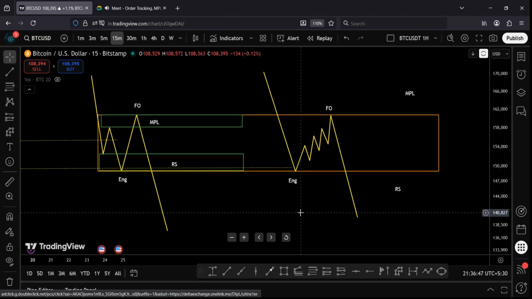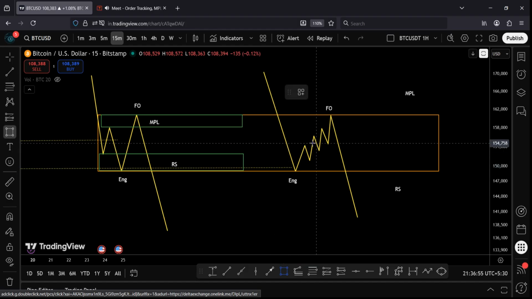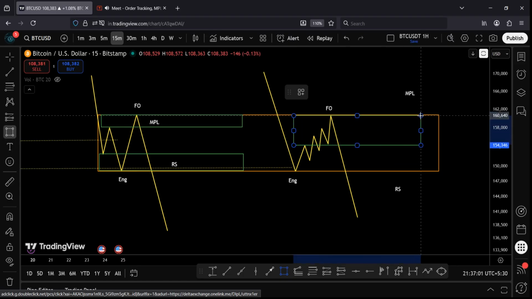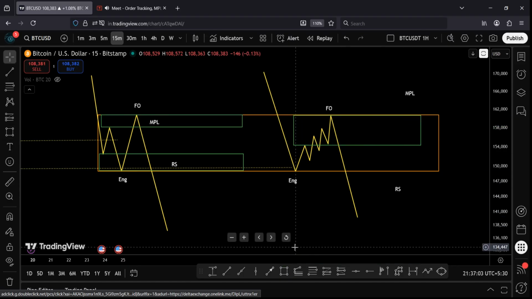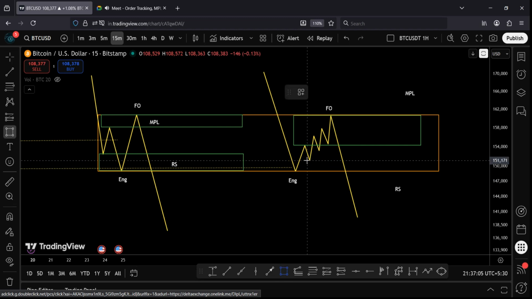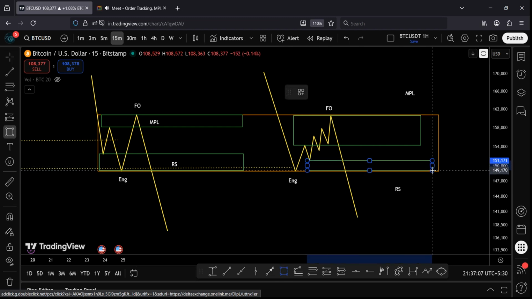So what you will do, you will use the first pullback, and our MPL zone will be this one, right? And our RS zone will be this.